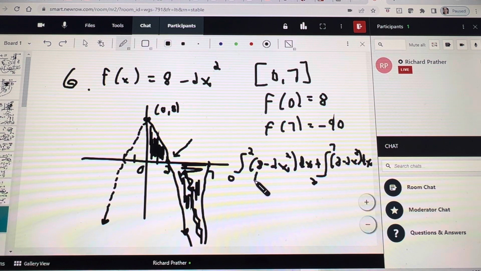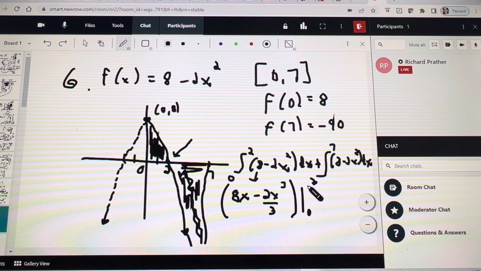So the antiderivative of 8 is 8x. The antiderivative of this is 2x, increase the exponent by 1 to 3, divide by that new exponent. Unfortunately, that'll be messy. From 0 to 2. And then you'll get the exact same antiderivative. Whoops, I wrote that wrong, but 2x cubed over 3. And this one goes from 2 to 7.